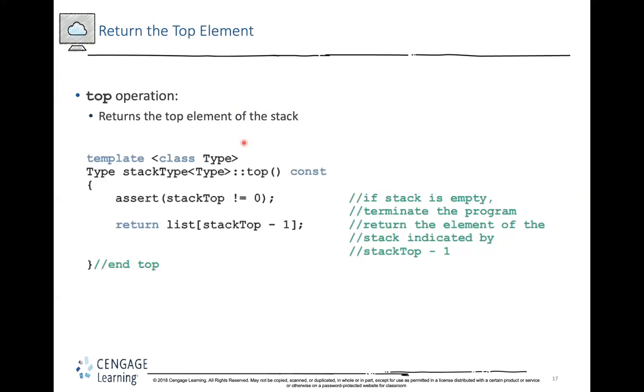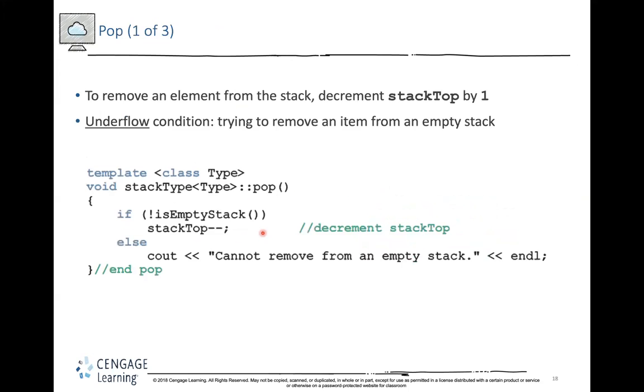To get the top element, the index is stack top minus 1. Then we retrieve that element from the array, and that's your top element. To pop an element off the stack, we decrement stack top by 1, moving that stack top down. If the stack is already empty, we can no longer remove an item. So that's an underflow condition.